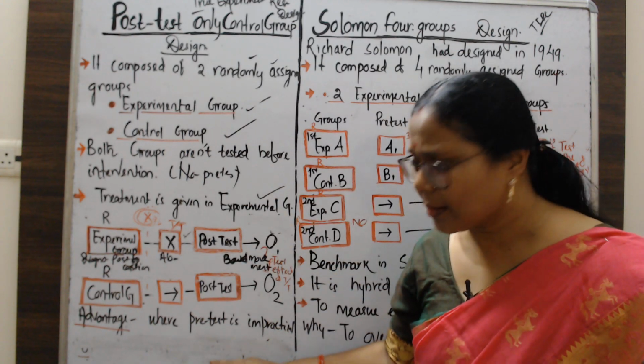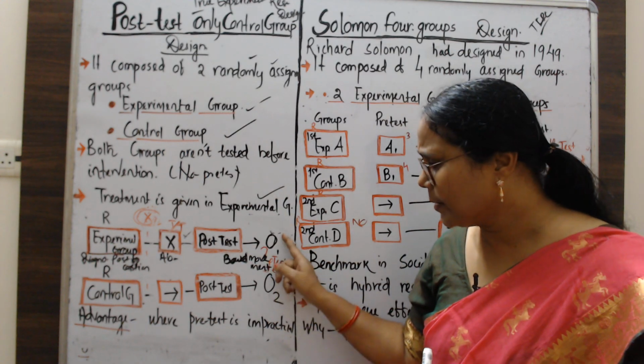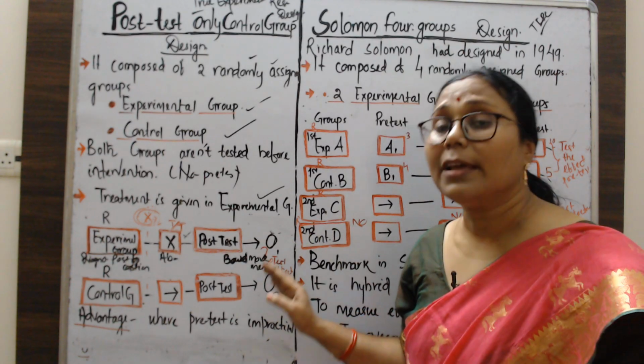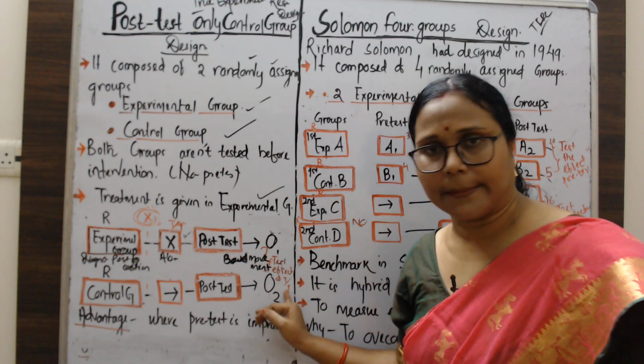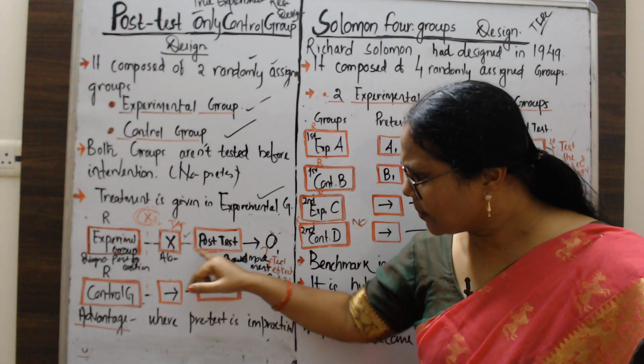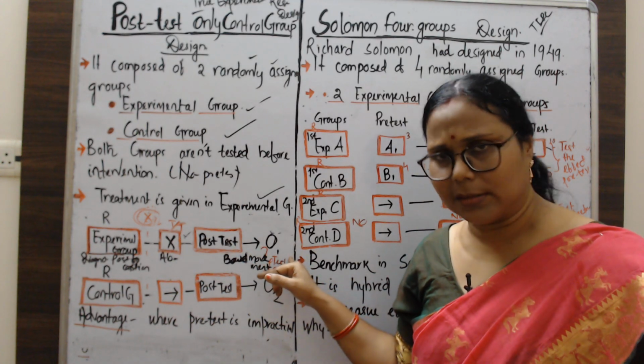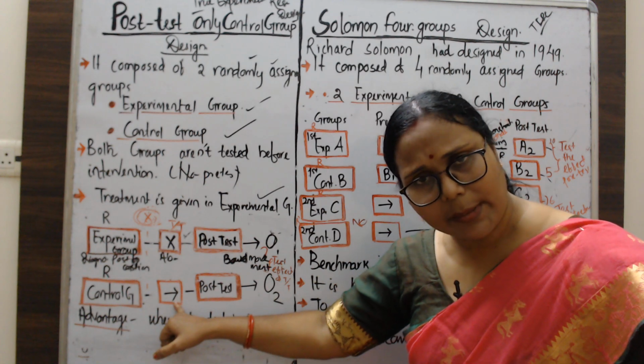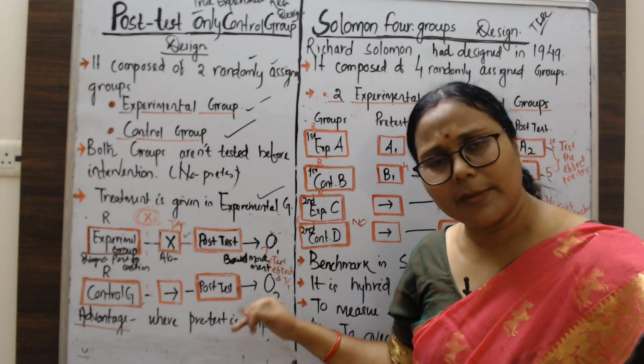By comparing these two outcomes, you will test the effectiveness of the treatment. As treatment is given, the early bowel movement will be seen. As the abdominal massage intervention is not there, the bowel movement will be late.